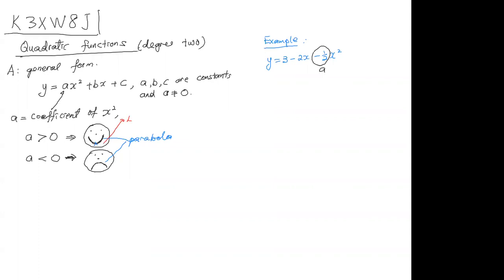So this is the lowest point, so you have a minimum value. For a crying curve, you have this point, which is the upper limit, the highest point. So this is called the maximum point. So this function has a maximum value.